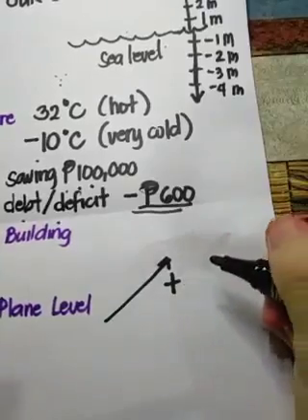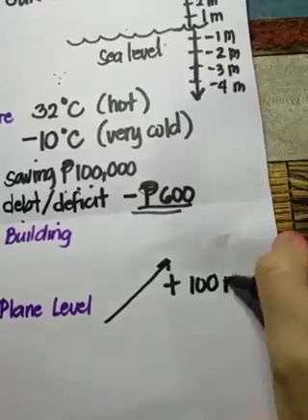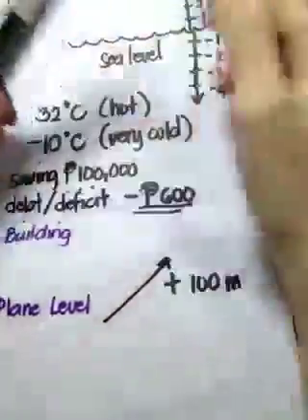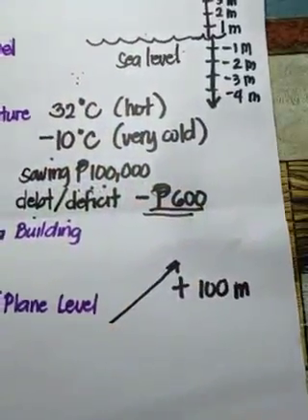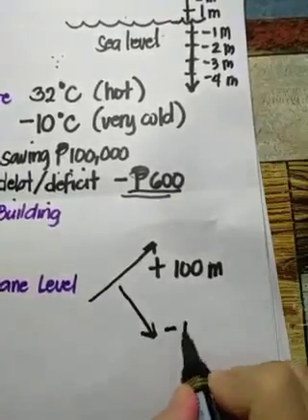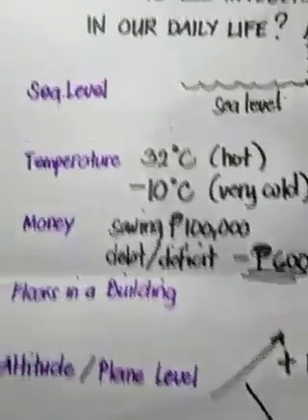Pananglitan, it is ascending, 100 meters from the ground. Nilupad. Now, padung na pud siya tugdon or landing, so ni-descend na pud siya. So, we can also represent it with a negative number or integer.